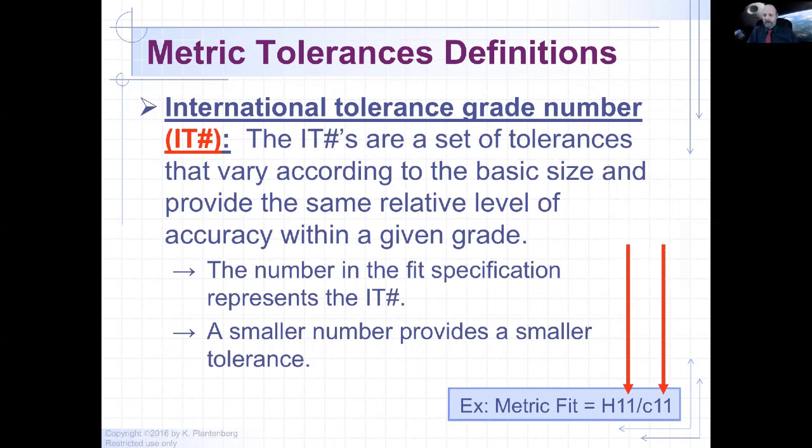So those big red arrows are pointing to the IT numbers. The important thing to notice is that the smaller that number is, the smaller the tolerance. So the bigger the number, the looser the fit.